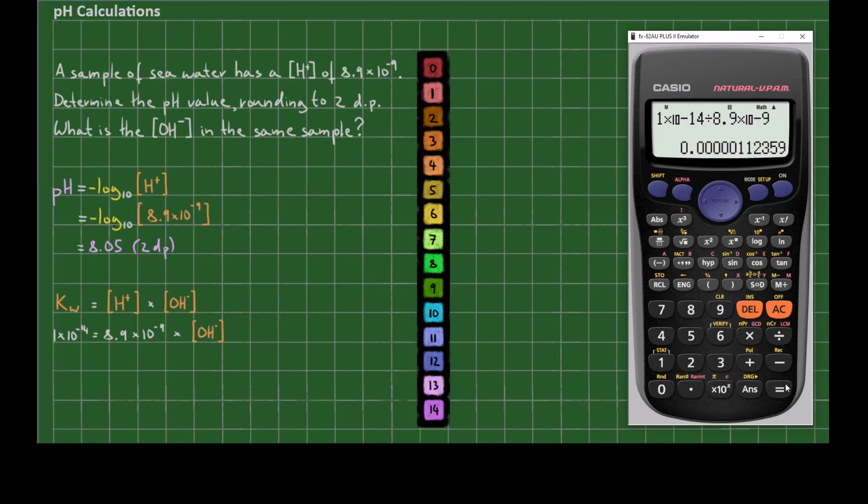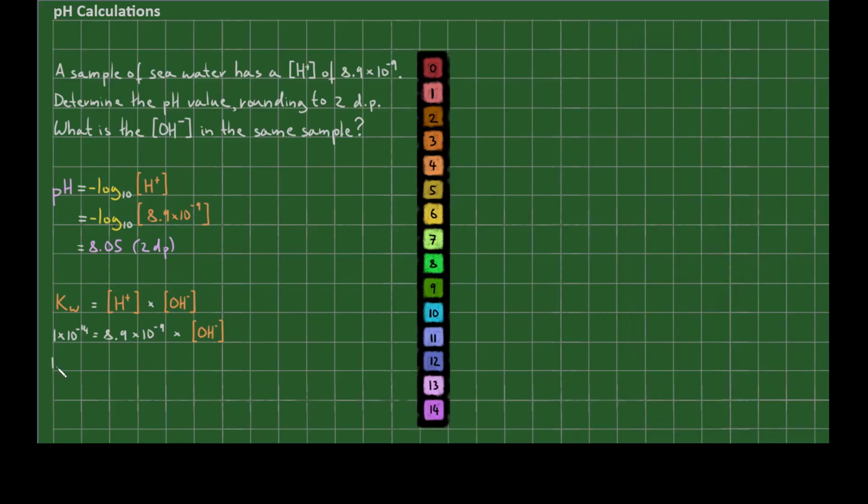I'm going to round it to 2 significant figures and express it using scientific notation. And so I will have 1.1 multiplied by 10 to the power of -6 when rounded to 2 significant figures. That is the hydroxide ion concentration. Recall that the square brackets indicate molarity, and therefore the units are moles per liter.